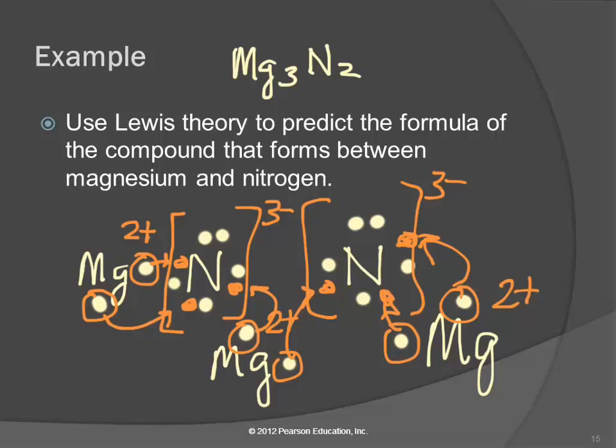What we did before is we learned from the periodic table that magnesium was 2+, and that nitrogen was 3-, although we didn't really understand why. And then we did that crisscross thing, and we came up with the same formula. But this model is helping us to explain why it does that. Any questions?